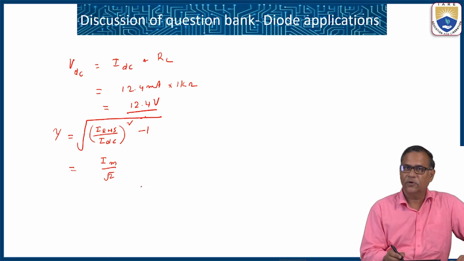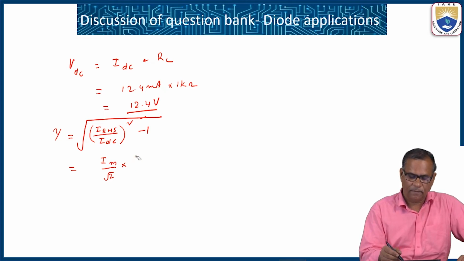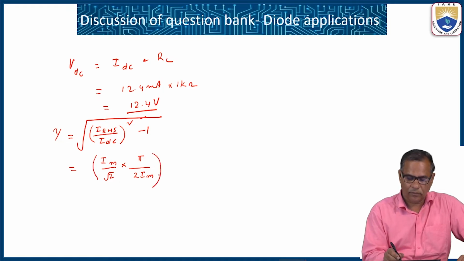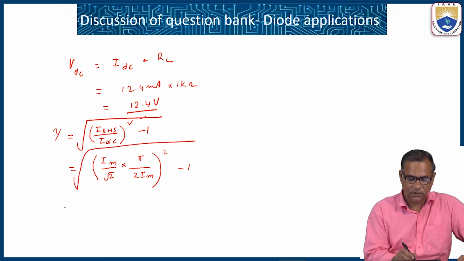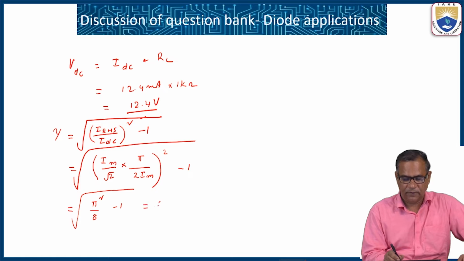Then IDC is equal to 2 Im by pi. We substitute the same thing for IDC. So Im by root 2 divided by 2 Im by pi, whole square minus 1. So this is equal to pi square by 8 minus 1. So the ripple factor we get as 0.48.